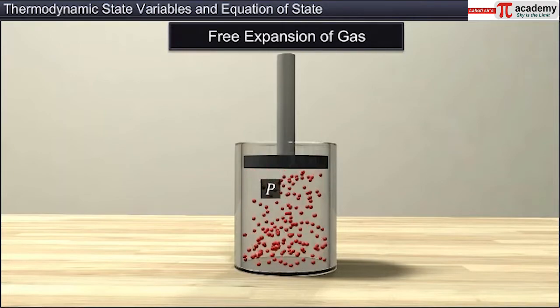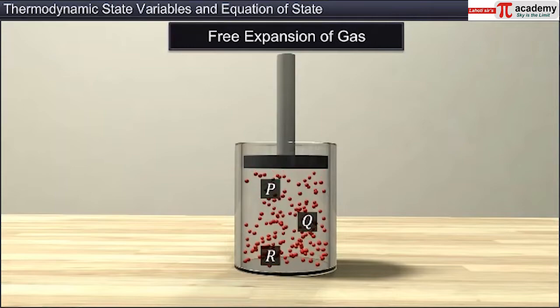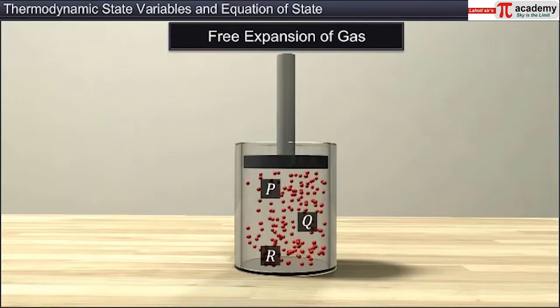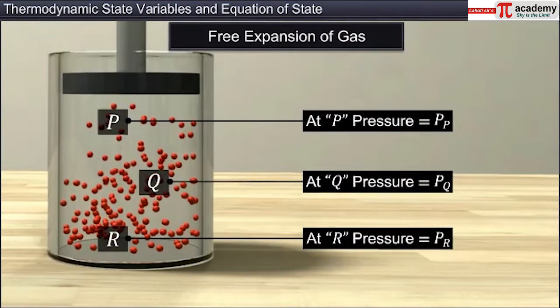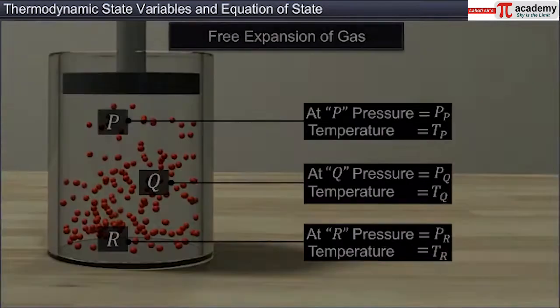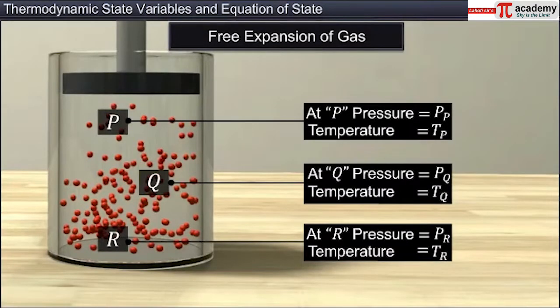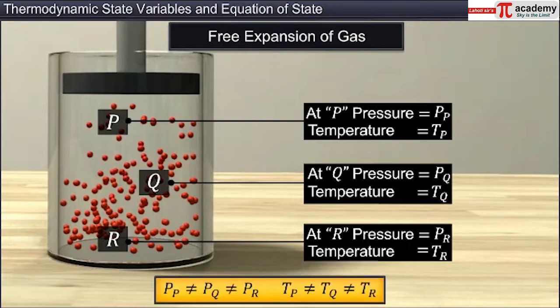If P, Q, and R are 3 points in the system, and at these points the pressures are PP, PQ and PR, and the temperatures are TP, TQ and TR, then PP ≠ PQ ≠ PR, and TP ≠ TQ ≠ TR.